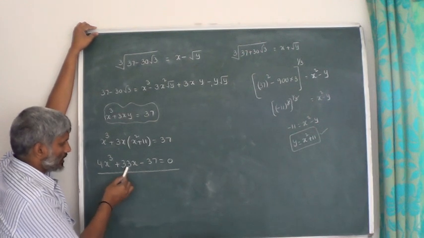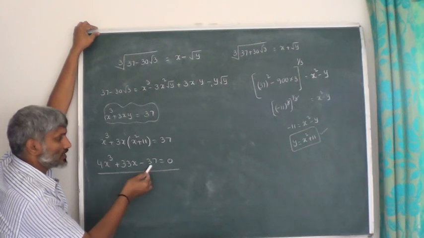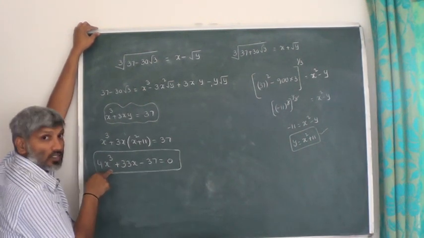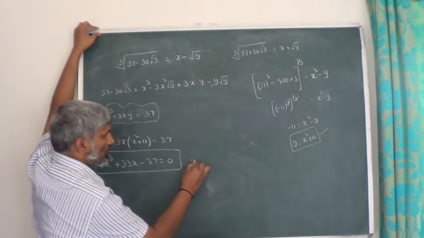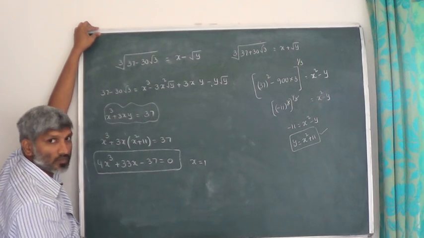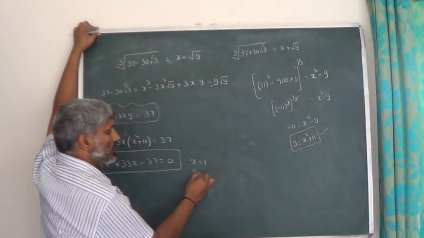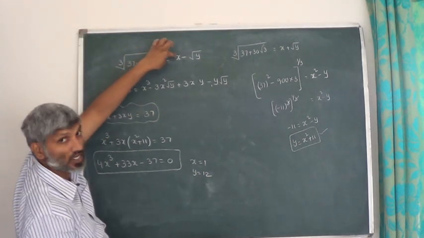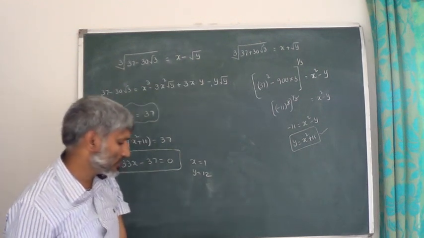Observe here, 33 plus 4 is 37, and 37 minus 37 is 0, or not? That means if you put x equals 1, it satisfies this equation. That's why we got the value of x equals 1. When x equals 1, what is the y value? The y value is 12. That's why, in place of x put 1 and in place of y put 12, and we will get the cube root of that particular number.